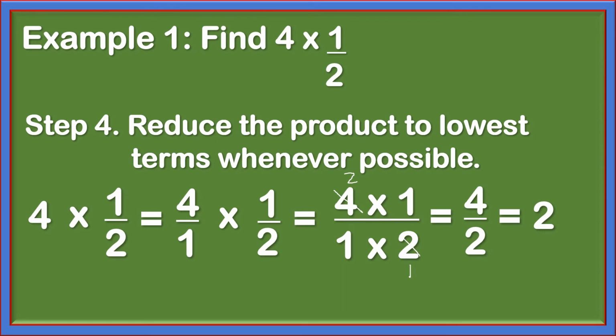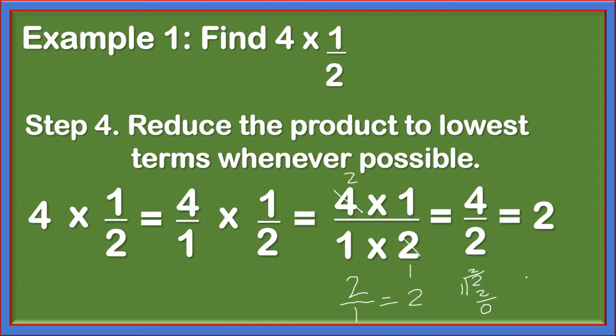Pero, ganito pa rin po yung magiging kalalabasan. 2 over 1 equals 2 pa rin po. Kasi i-divide natin yung 2 by 1. So, 2 divided by 1 is 2. 2 times 1 is 2. It will now become 0.